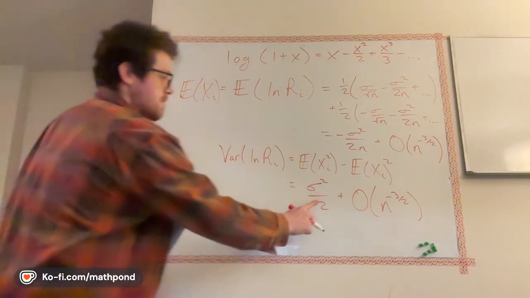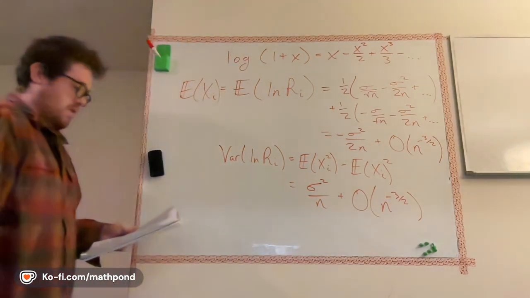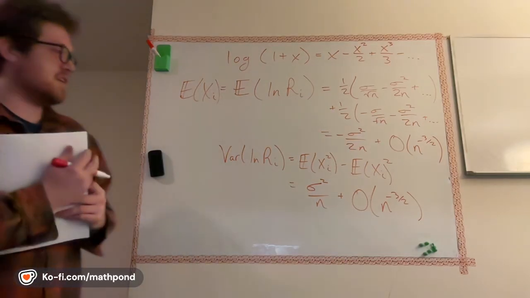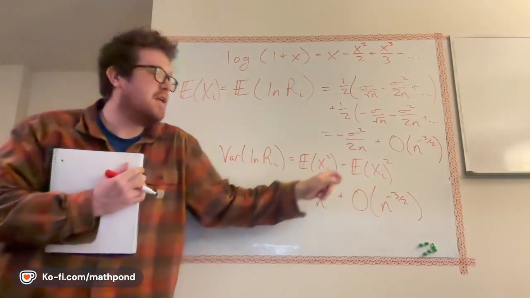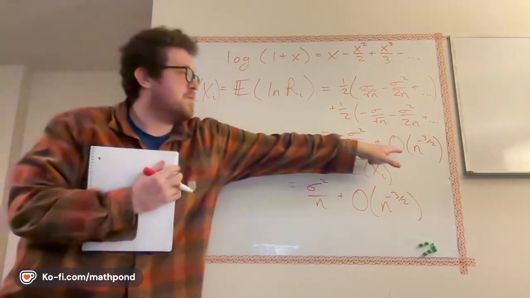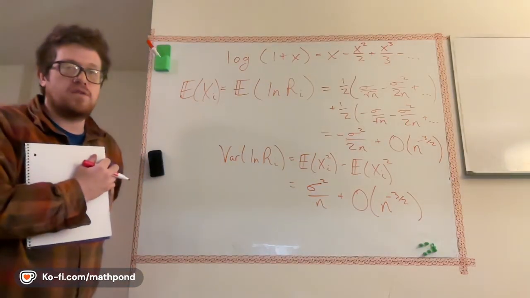Oh, sorry, this is over n, not over 2. So basically we have some term over n and then plus some term that's going to 0 faster than n. Same thing over here, negative sigma squared over 2n plus some term that's going to 0 really quickly as n goes to infinity.